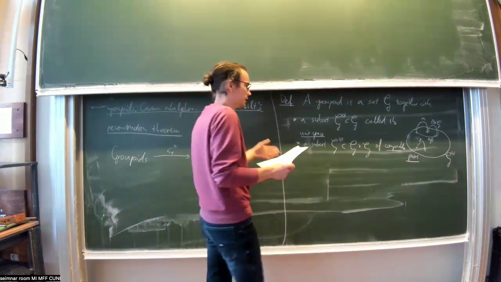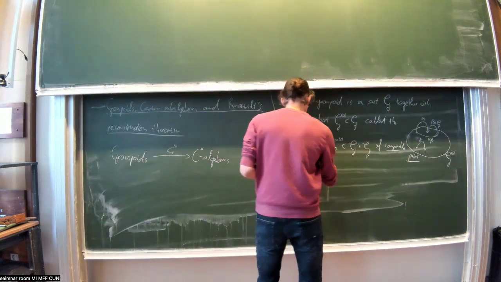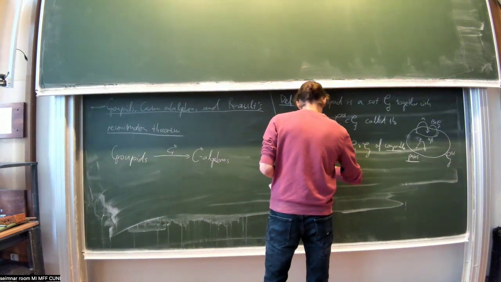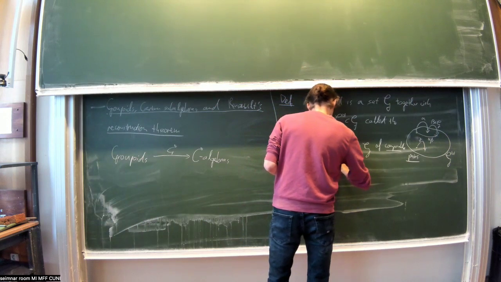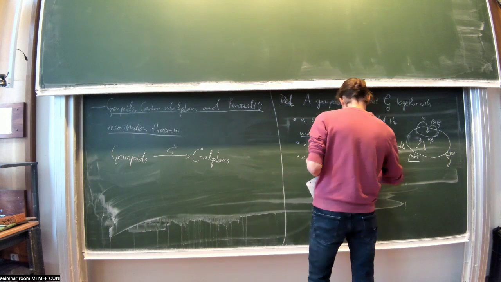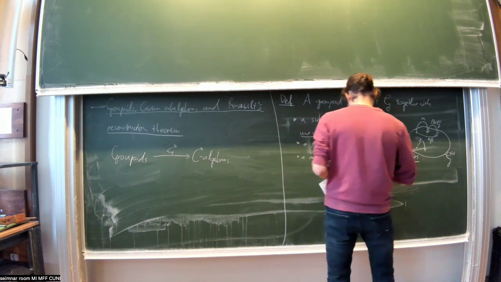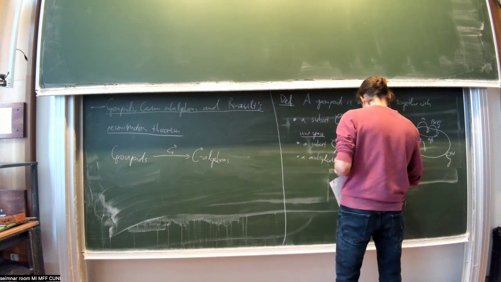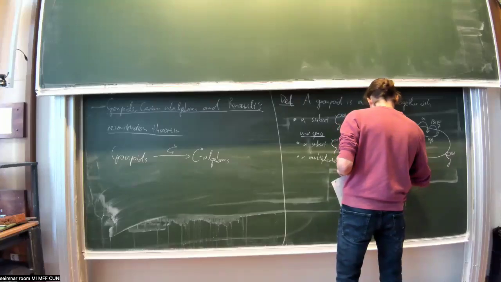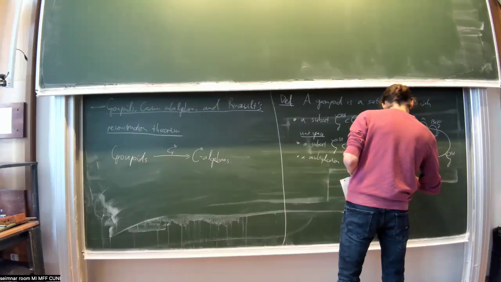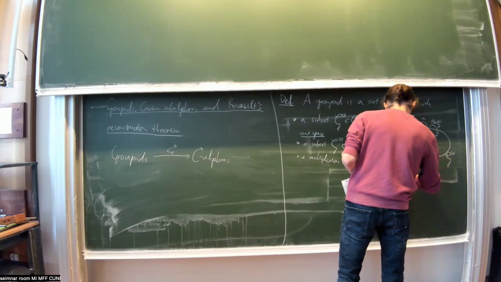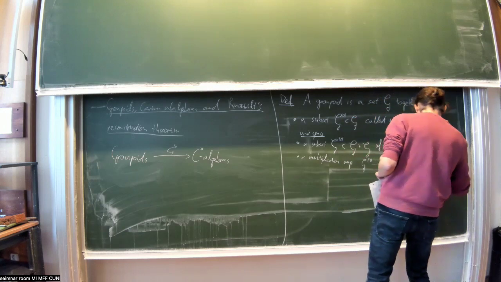And then you have a multiplication, so you have a way of concatenating. So those are the pairs into G, where a composable pair gets mapped to this product alpha beta.